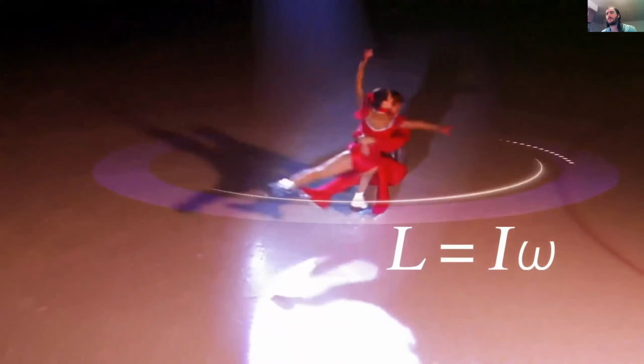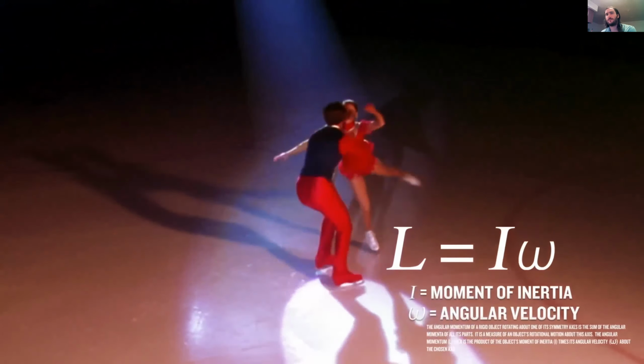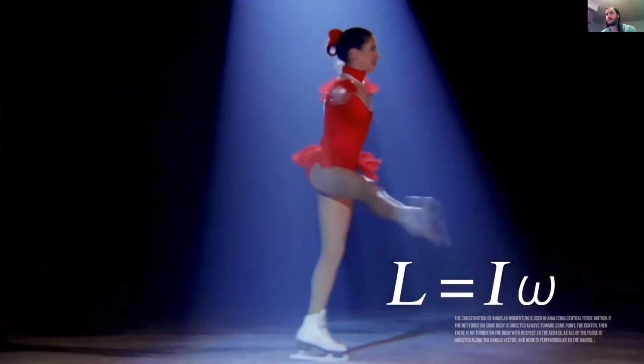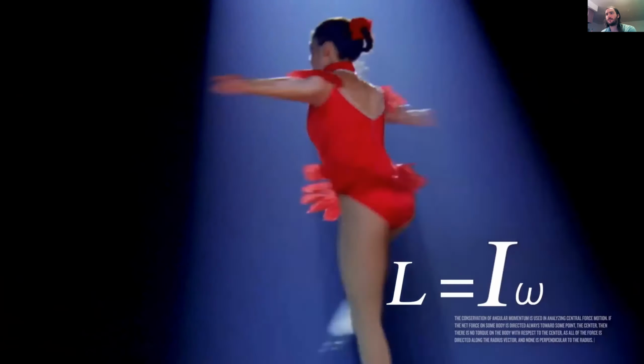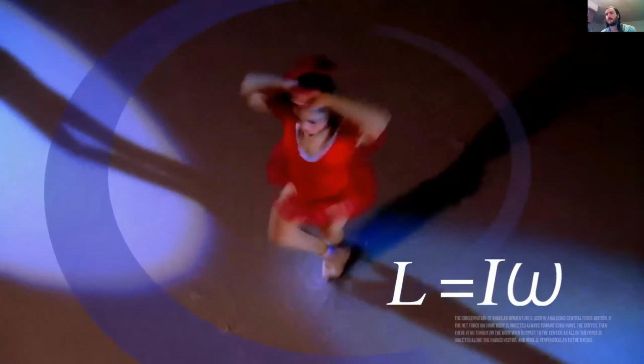Angular momentum is the product of a skater's moment of inertia and angular velocity, and is represented by the letter L. When a skater is rotating with no net external torque acting on her, angular momentum is conserved. With her arms and leg outward, she increases her moment of inertia, which reduces her angular velocity. As she pulls her arms and leg inward, she is able to spin faster since her angular velocity increases while her moment of inertia decreases. And this is how skaters become champions.